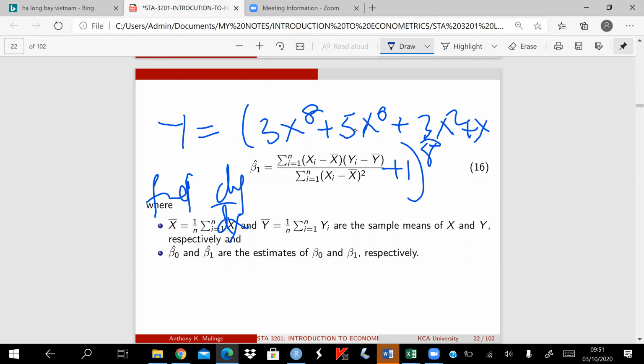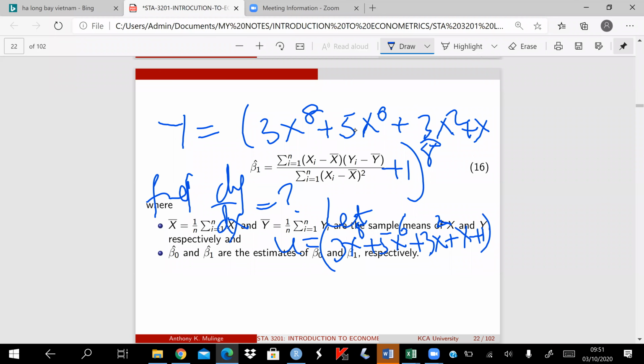So to avoid that, using the chain rule, you let the part in brackets be your u: u equals 3x power 8 plus 5x power 6 plus 3x squared plus x plus 1. So that's your u, which means y is equal to u power 8. I hope we are there.